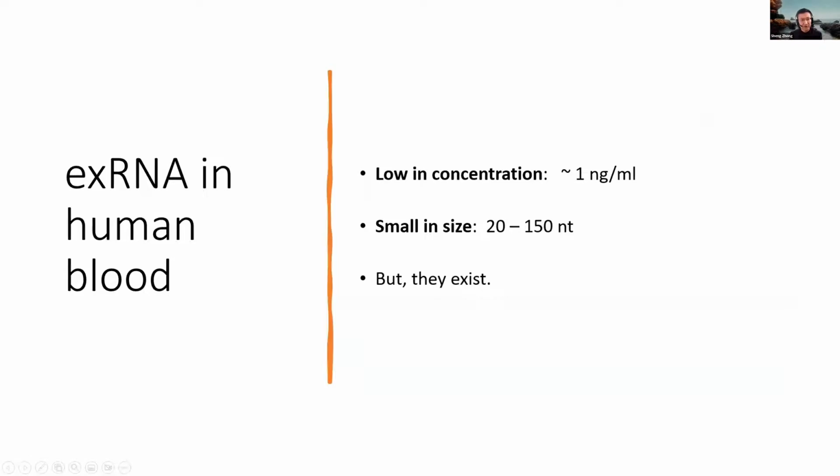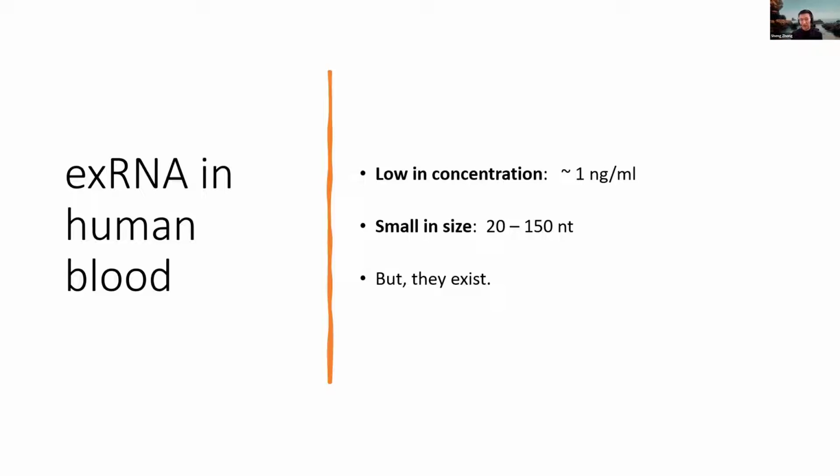And several years ago, we contributed to quantifying the concentration in human blood. We measured it to be approximately 1 nanogram per ml. Compared to the typical concentration of cellular RNA, this is probably 1,000-fold less. Roughly speaking, the concentration of extracellular RNA in the human blood is 1 over 1,000 of the concentration of cellular RNA.